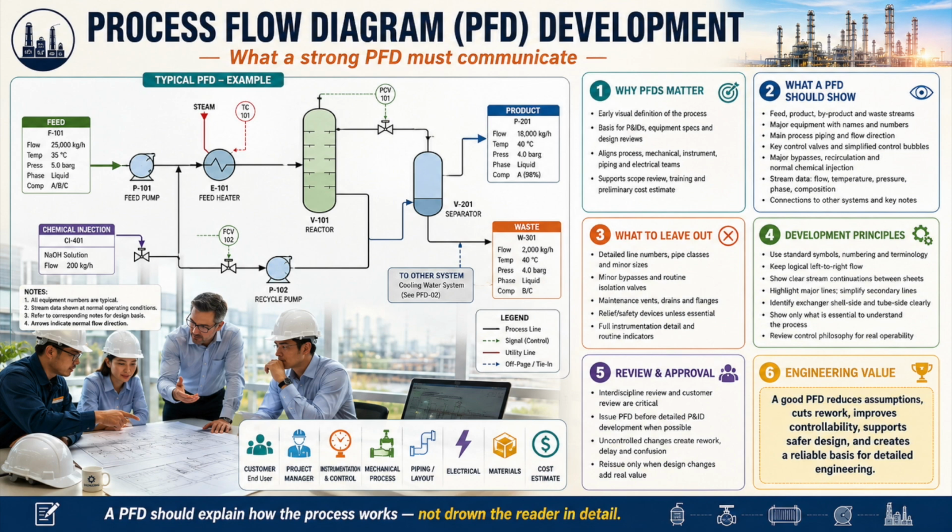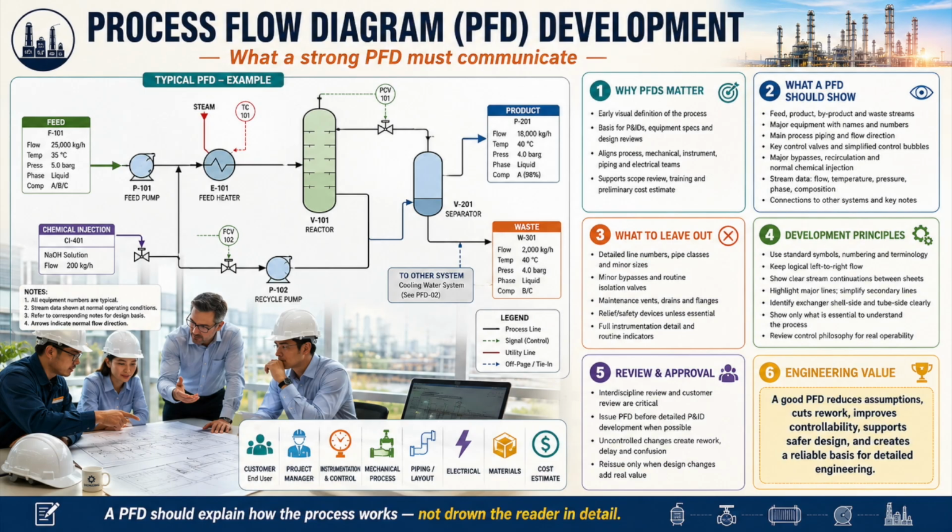The electrical engineer studies major driven equipment, preliminary motor loads, and the likely need for variable frequency drives. The piping and layout teams use process temperatures, pressures, and equipment relationships to begin plot plan development and preliminary piping specification selection. The materials engineer examines stream composition, temperature, pressure, phase, and contaminants to identify suitable metallurgy and corrosion-resistant materials.